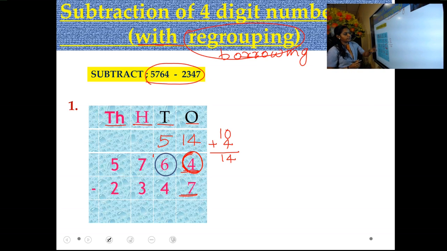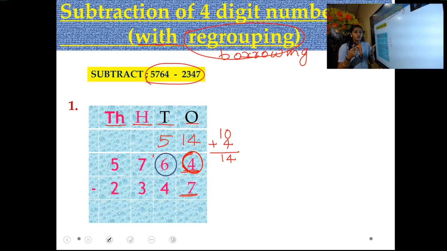Now, look at the new numbers 14 and 7. Subtraction is now possible because the top number is big. Now, you have to subtract these two numbers, 14 and 7. 14 in our mind and 7 in our hand.